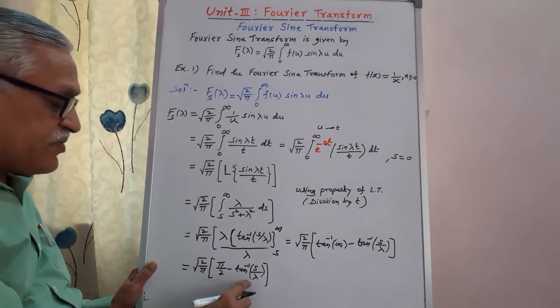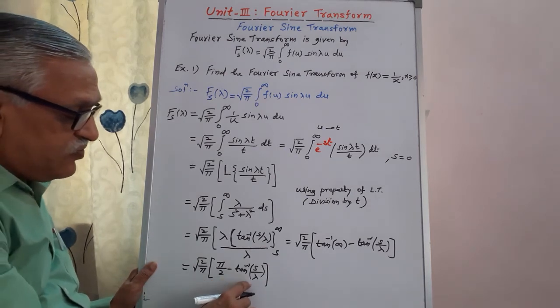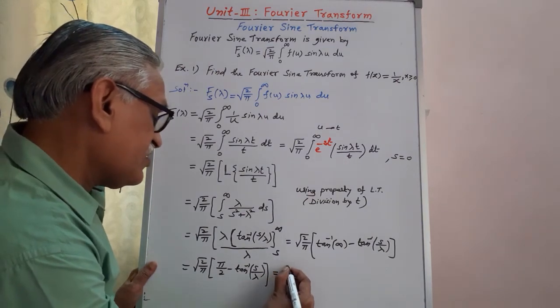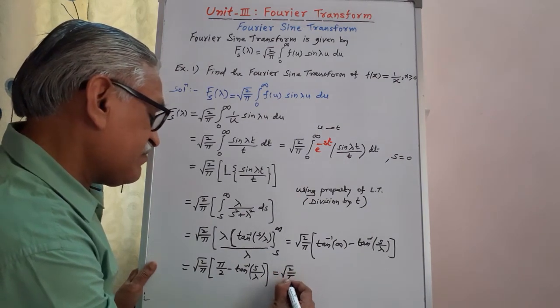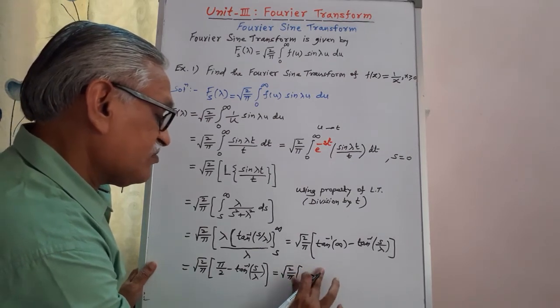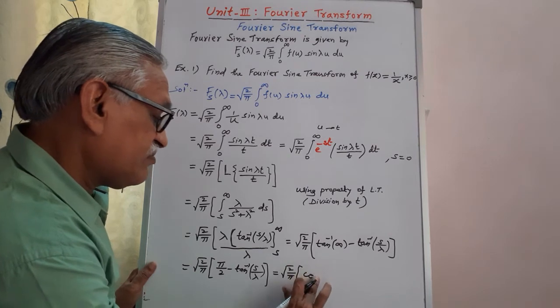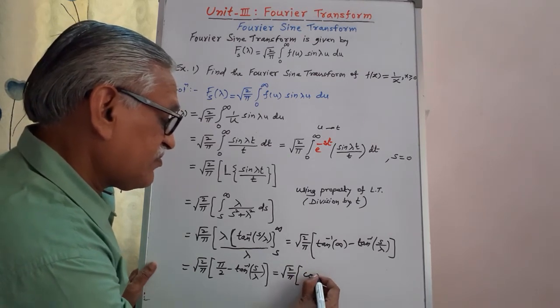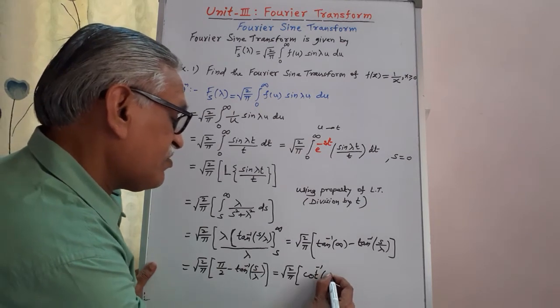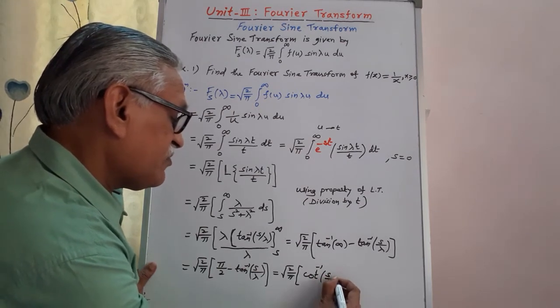Again, a standard result from trigonometry: pi by 2 minus tan inverse theta is cot inverse, and therefore it is root 2 by pi cot inverse of s by lambda.